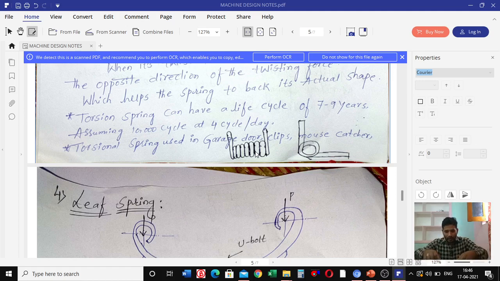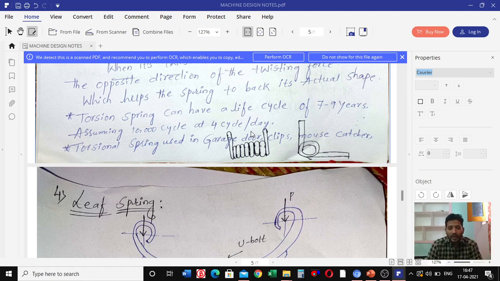If you twist the torsional spring, then torque is generated. See this figure: when it is twisted, torque is generated in the opposite direction of the twisting force, which helps the spring return to its actual shape.